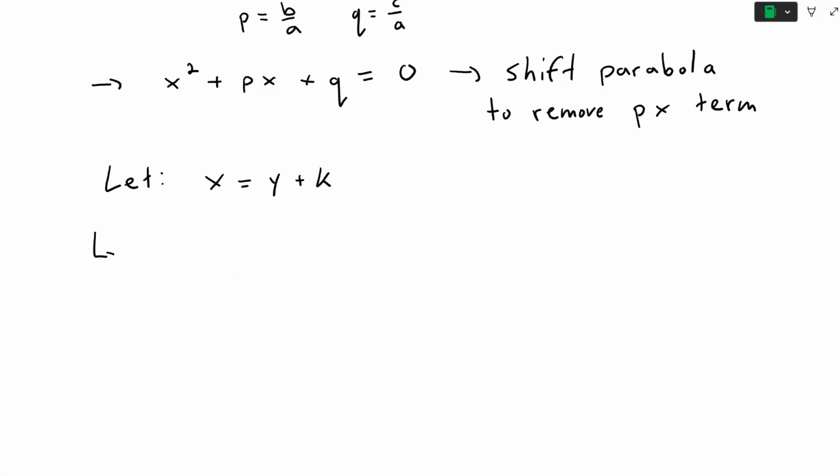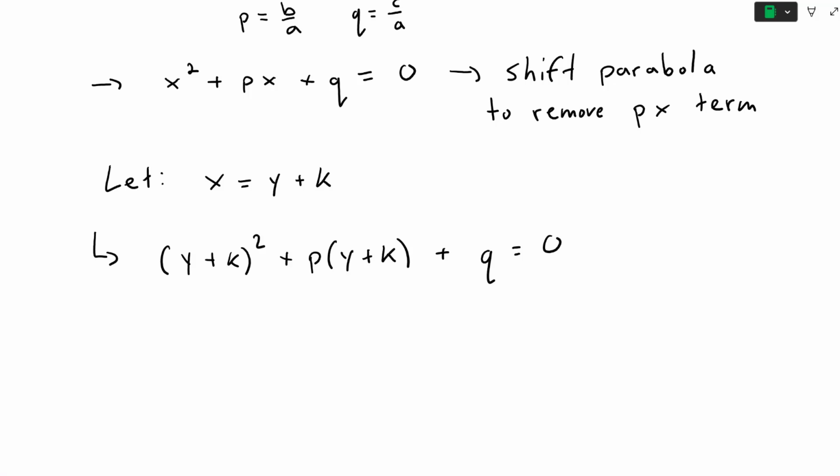So plug all this inside. We're going to get x squared will now be y plus k squared, and the next one, px, is going to be p times y plus k, and the next one is q equals 0. Now we could expand these out, but all that matters is the y, k, and py terms.